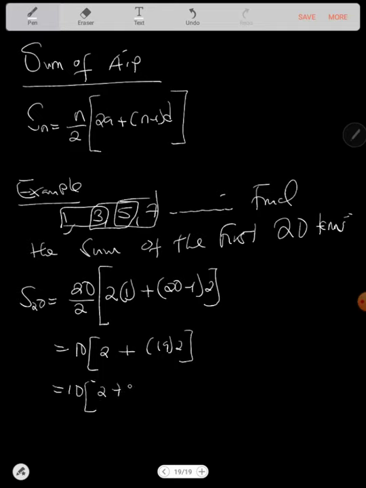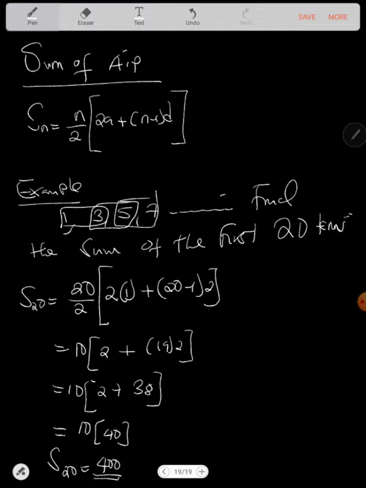This is 2 plus 19 times 2, which will get you, not 36, sorry, 38. So this will be 2 plus 38, which is 40. Therefore, the sum of the first 20 terms is equal to 10 times 40, which is 400.